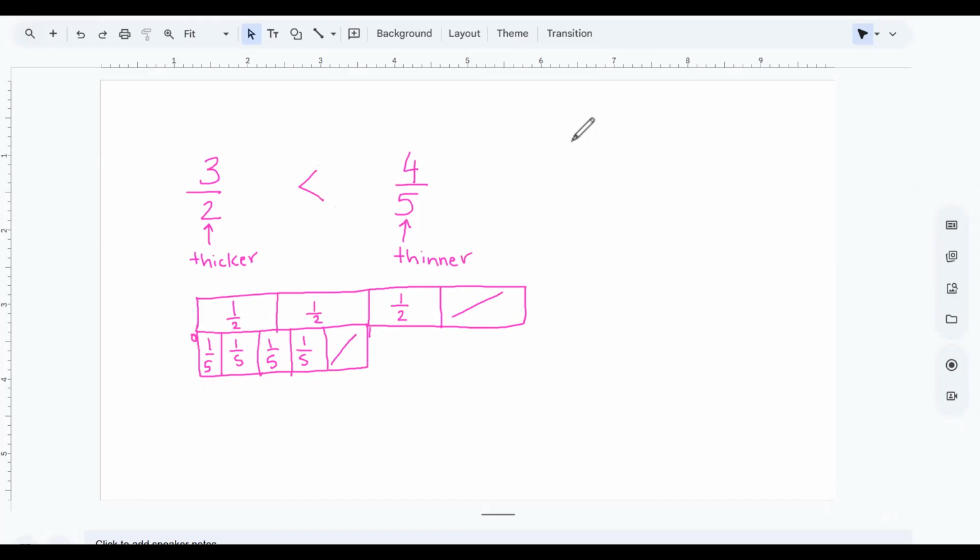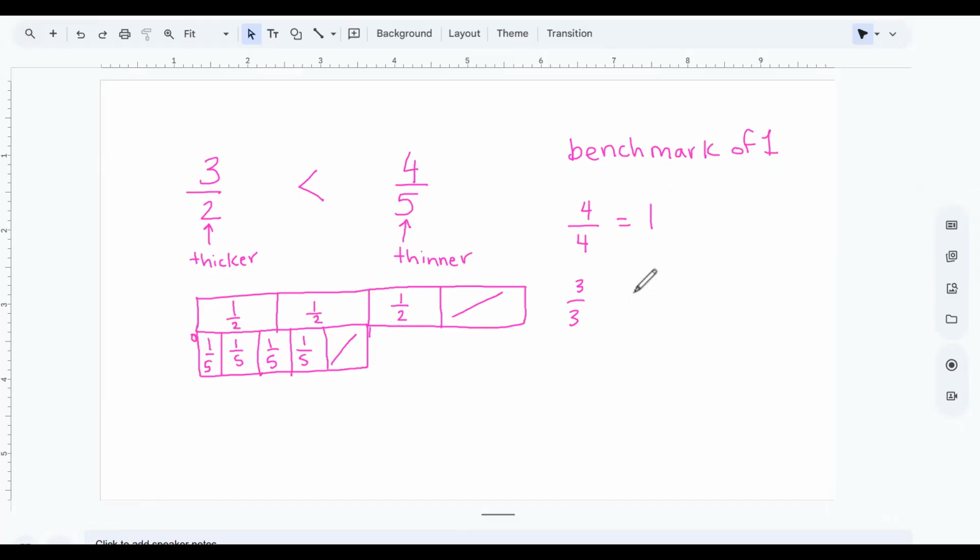We can compare them by using the benchmark of a whole, right, of 1. Anytime we have an amount that has the same numerator and denominator, that means it has all the pieces. That means it's a whole.